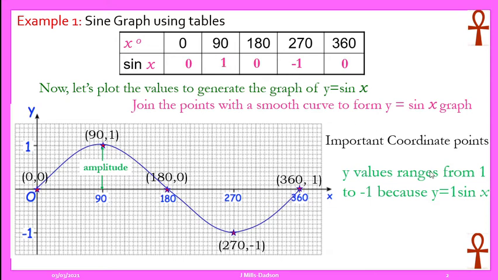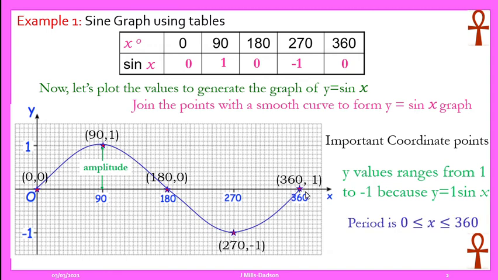The reason is that y equals sine x is the same as y equals 1 sine x. That's why the values range from 1 to -1. We'll talk more about it when you go to transforming trig graphs. So this is what it looks like for a sine graph within 360.